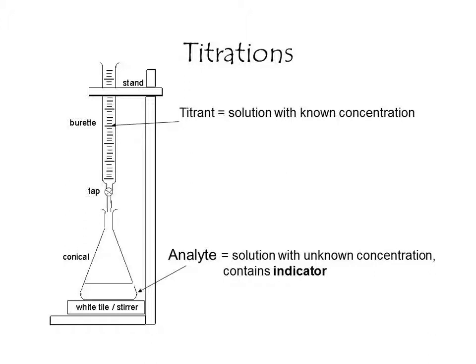And at some point, you'll see the pH change by the indicator. Now, when you're looking at the burette, in order to determine the volume, you have to know the volume it started with and the volume it ended with, and in order to do that, you have to look at the burette at eye level and check out the meniscus. The bottom of the meniscus tells you the volume.